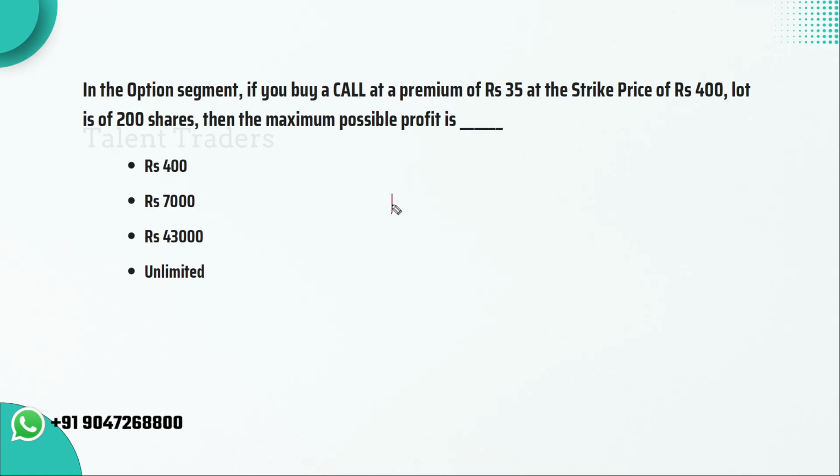The buyer of an option gets limited loss, which is the premium paid to get the rights, and the profit of option buying is unlimited. So this is the logic.